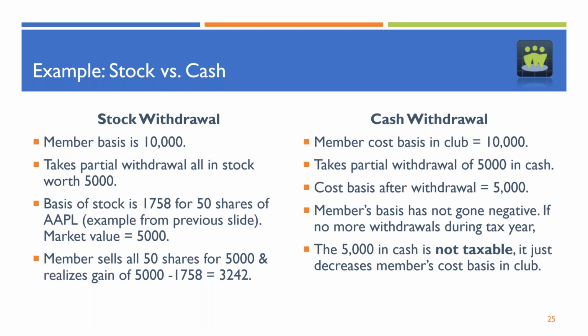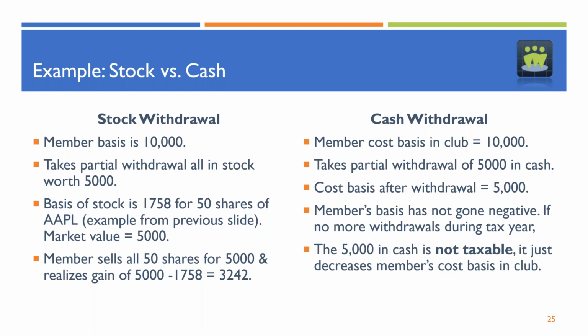Now the member sells all 50 shares immediately for $5,000, and they realize a gain, the difference between $5,000 and their cost basis of $17.58. So they have a capital gain of $3,242. The upside is their cost basis in the club only goes down by $17.58, not $5,000, so their cost basis is going to be $82.42.